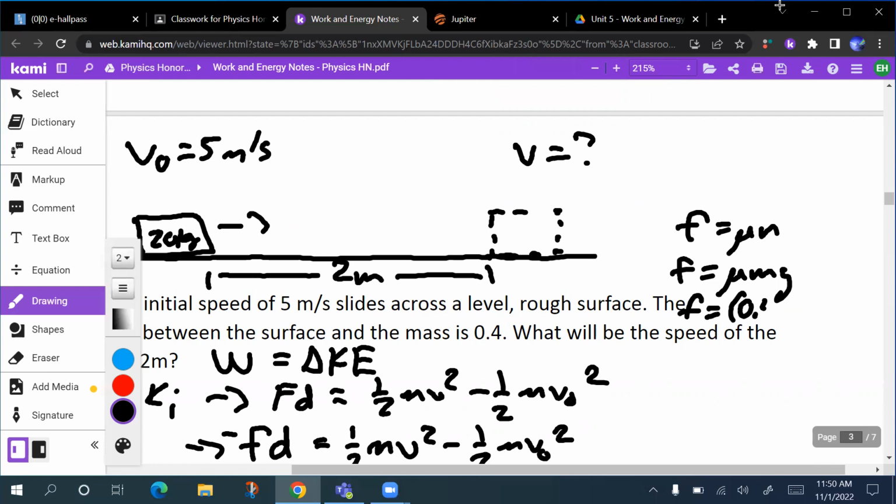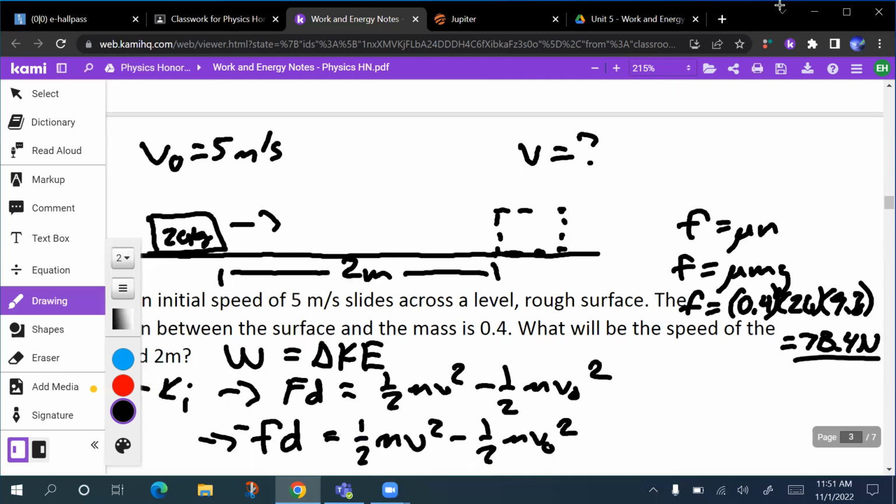That would be 0.4 times 20 times 9.8. I'm just going to run that quick calculation for the friction force. And so we're looking at about 78.4 newtons, and we'll use that.